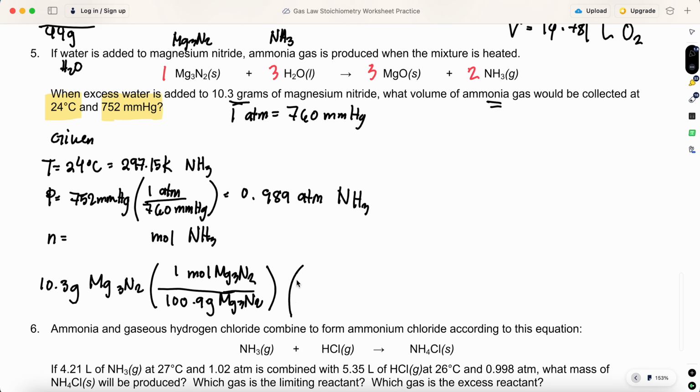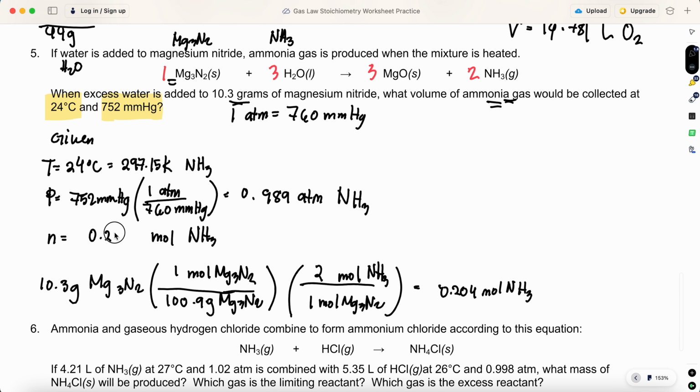And then from the balanced equation, we have 1 mole of Mg3N2, and what we're looking for is the volume of ammonia gas, so we should know the mole of ammonia gas. Ammonia has 2 moles. Therefore, this is 0.204 mole of NH3. Therefore, we have found our mole, 0.204 mole of NH3 here.